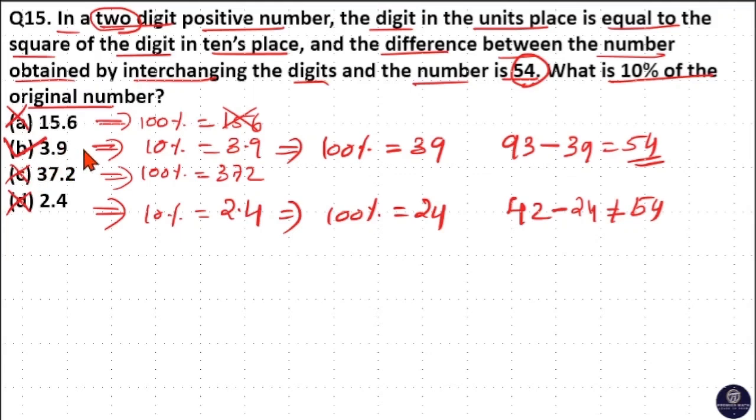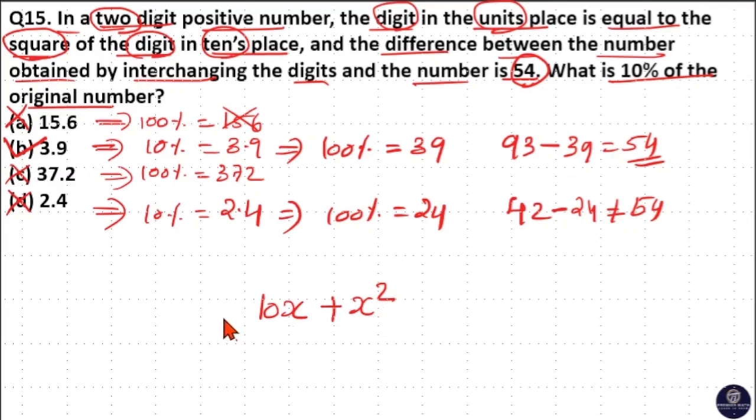If you want to do it in another way, you can also solve this question using the number system. That is, the digit in the unit place is equal to the square of the digit in the tens place. That means if I take the tens place digit as x, that is 10x, then the unit digit will be x square.